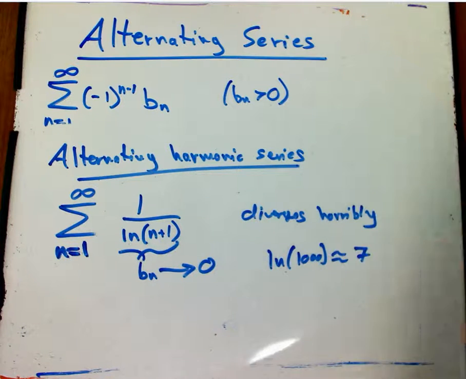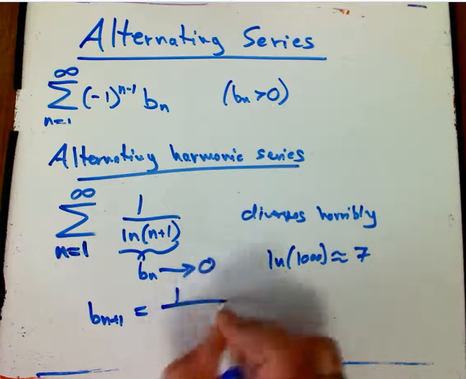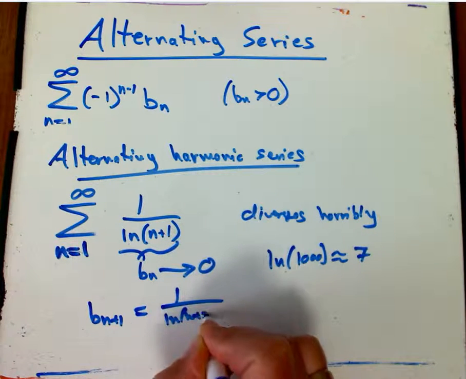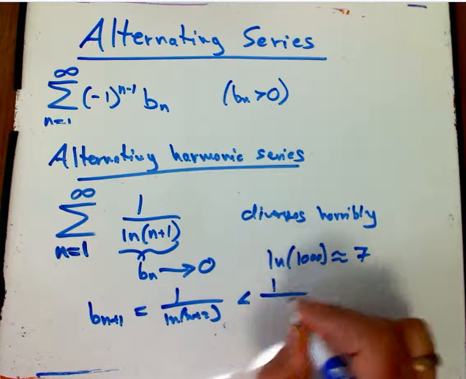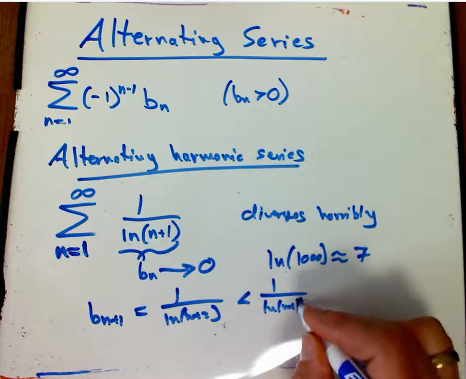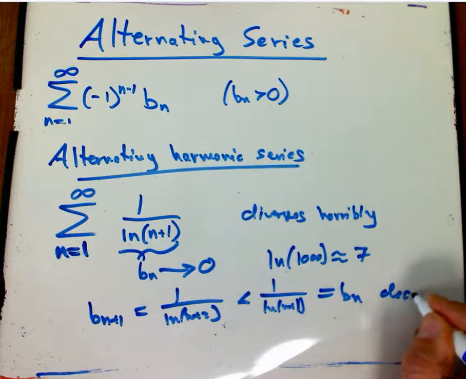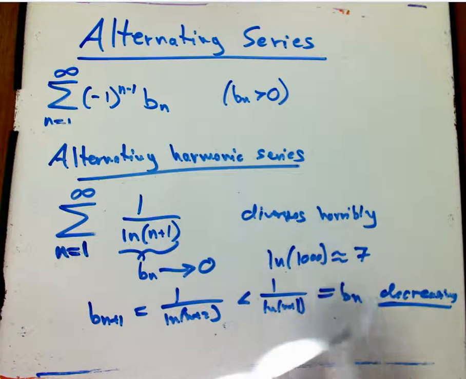But these terms, we know that b sub n plus 1, that's 1 over the log of n plus 2. Yes, that is actually strictly less than 1 over the log of n plus 1, and that's b sub n. So it's decreasing. The sizes are strictly decreasing. They don't play funny games in terms of getting bigger then smaller in a weird way.